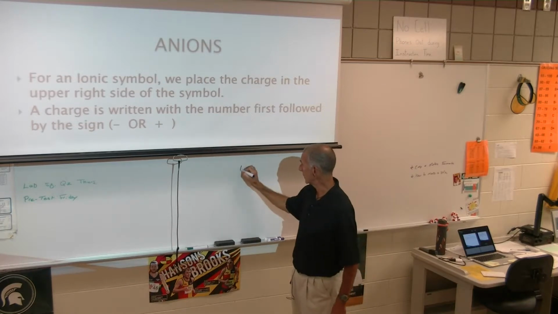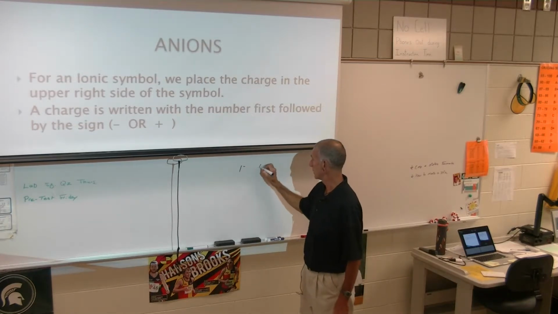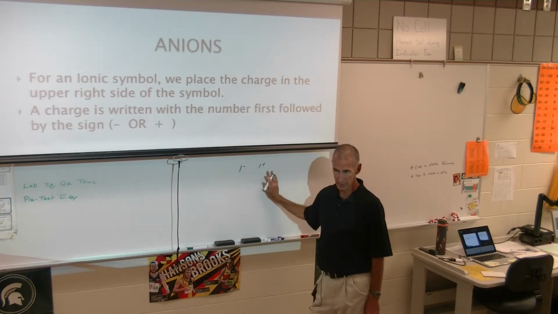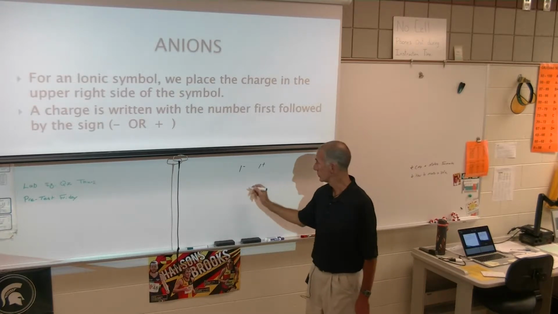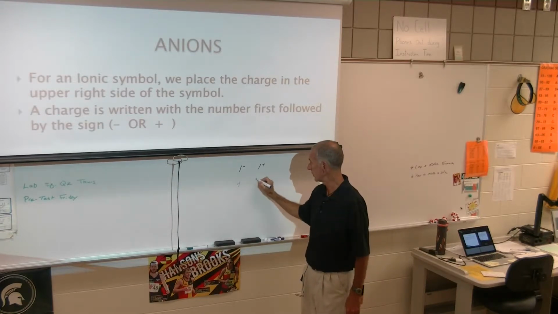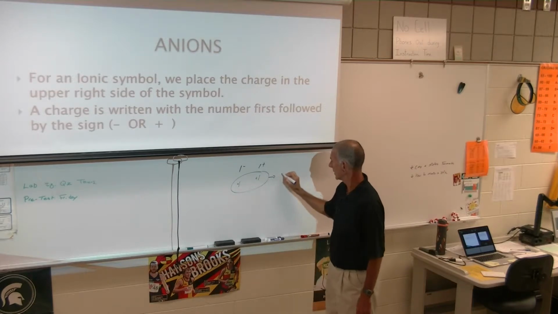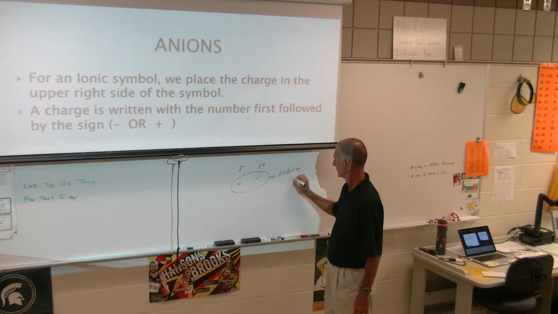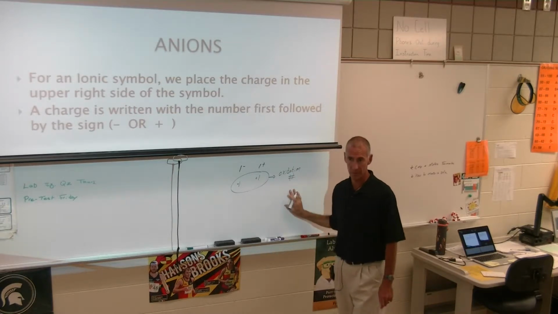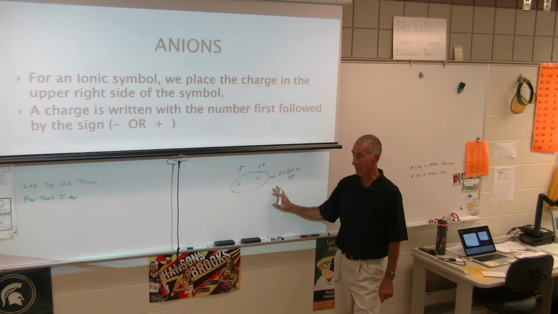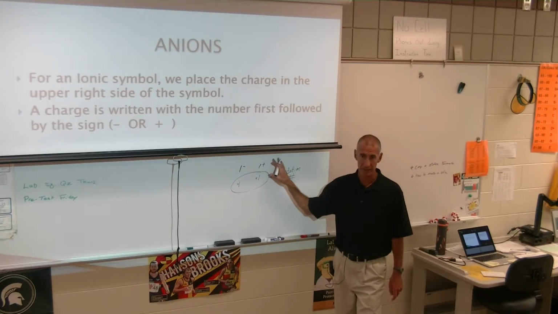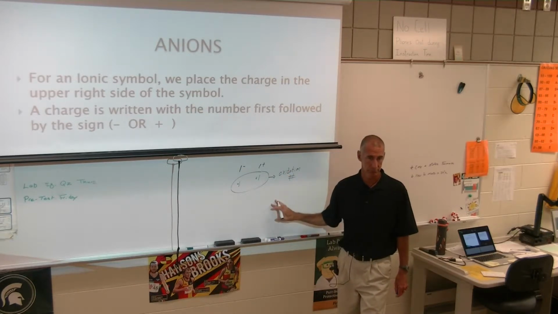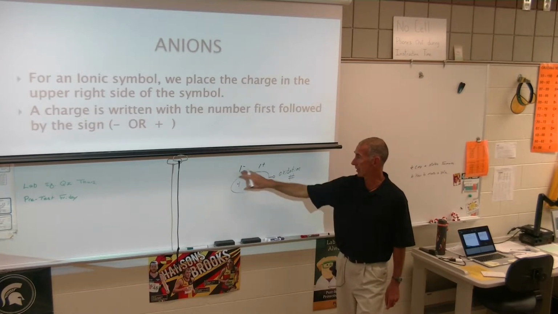So we can have a 1 minus or a 1 plus, that would be the charge. Do not write a minus 1 or a plus 1. That is what we call an oxidation number. You'll learn that more in Chem B. An oxidation number and the charge are not always the same, so please write the charge the way it's intended.